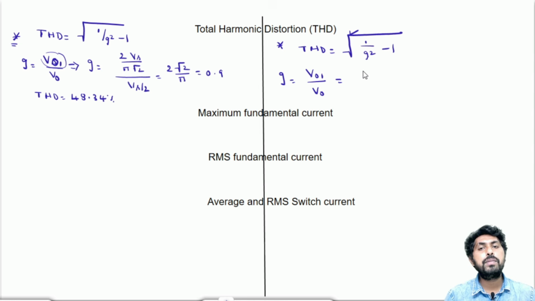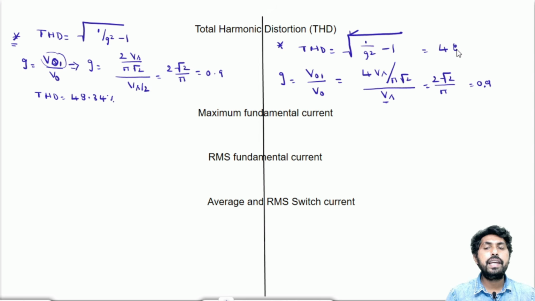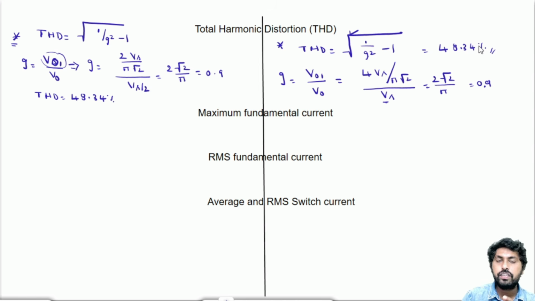Here the fundamental RMS voltage will be 4 Vs by pi divided by root 2, divided by Vs. So again we get 2 root 2 divided by pi, which is 0.9, and the THD is 48.34%. So whether it is a full bridge or half bridge inverter, the THD value is the same.